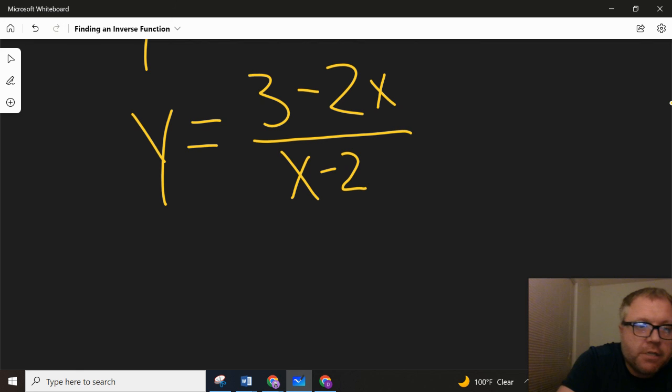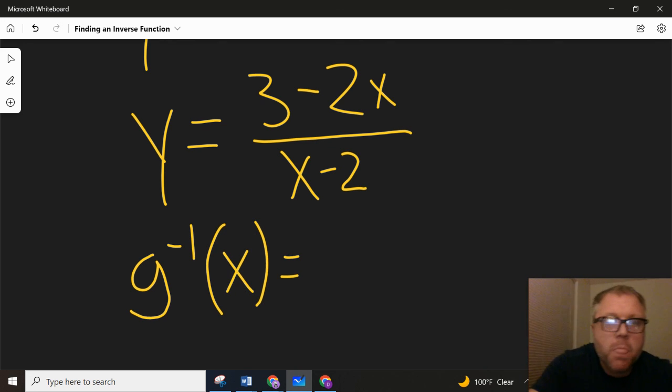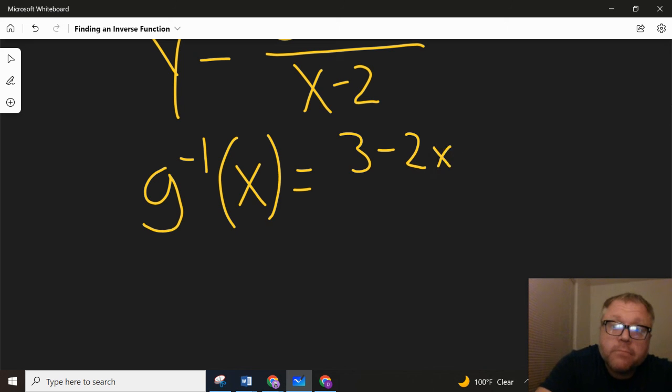That way we know g of x, or g inverse. That's a terrible looking g. Let me do that again. And the g inverse of x equals 3 minus 2x divided by the quantity of x minus 2.